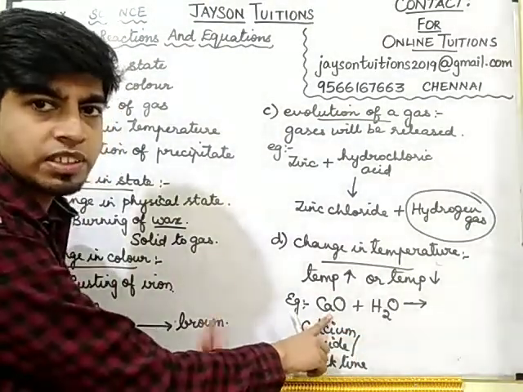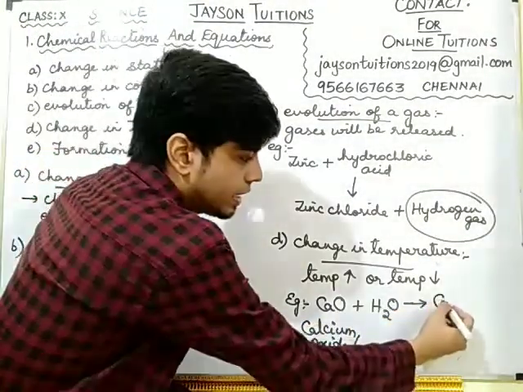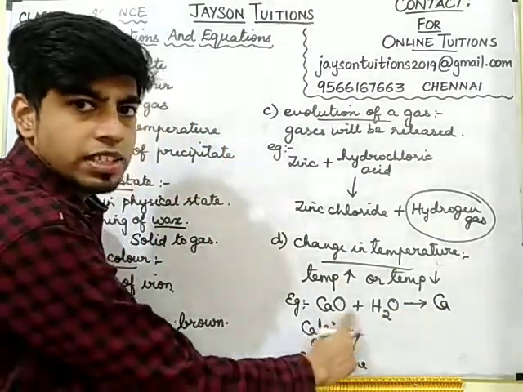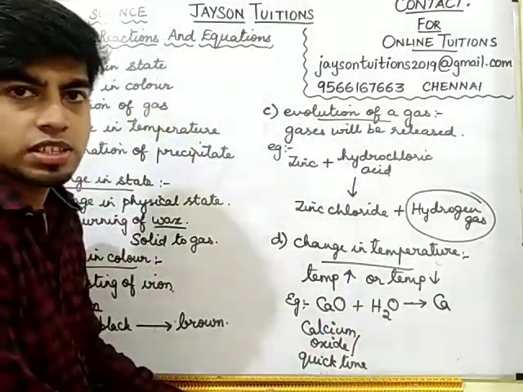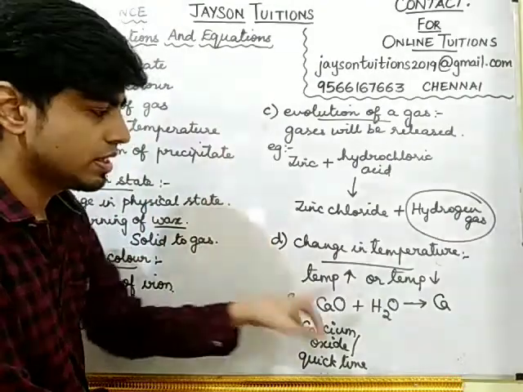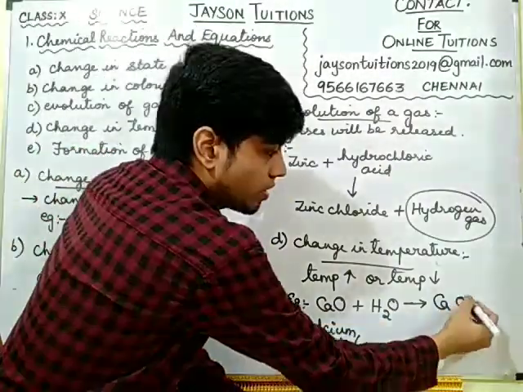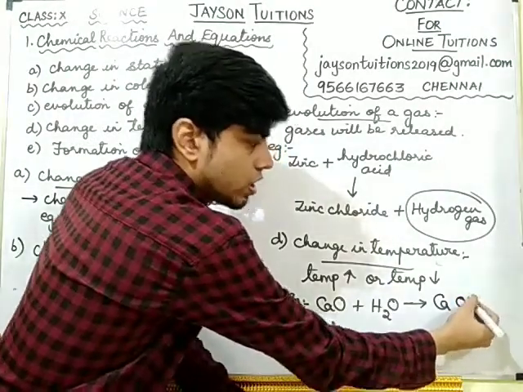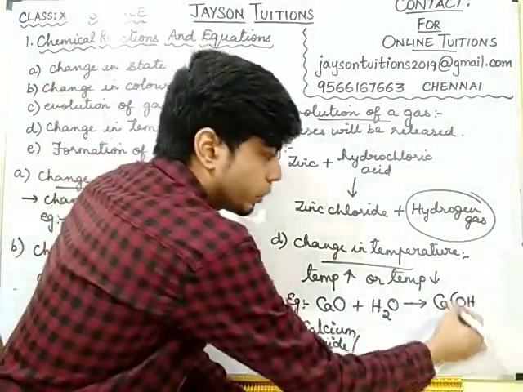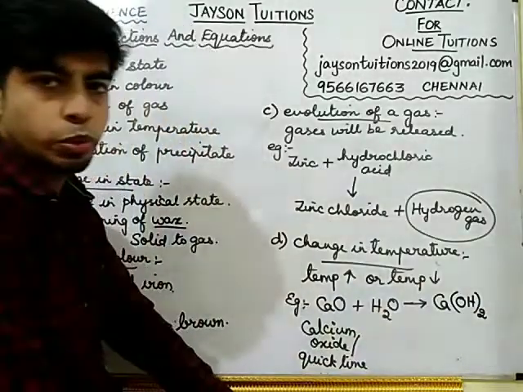How many calcium is there? 1. So write that this side 1 oxygen is there and this side 1 oxygen is there. So totally 2 oxygens and 2 hydrogens are present. So oxygen also is 2 and hydrogen also is 2. So I am putting bracket and I am writing 2.